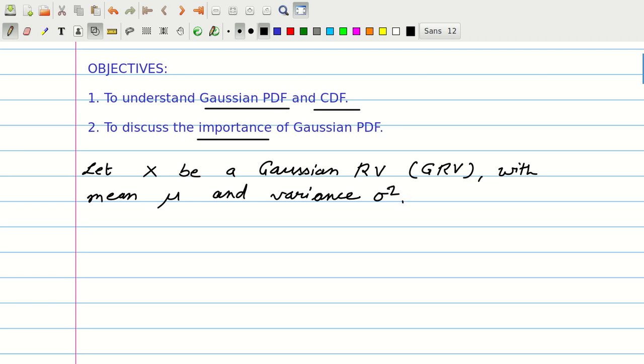This is mathematically denoted as, that is, x is distributed as per Gaussian distribution or normal distribution with mean, mu and variance sigma squared. So, this is how it is written mathematically.